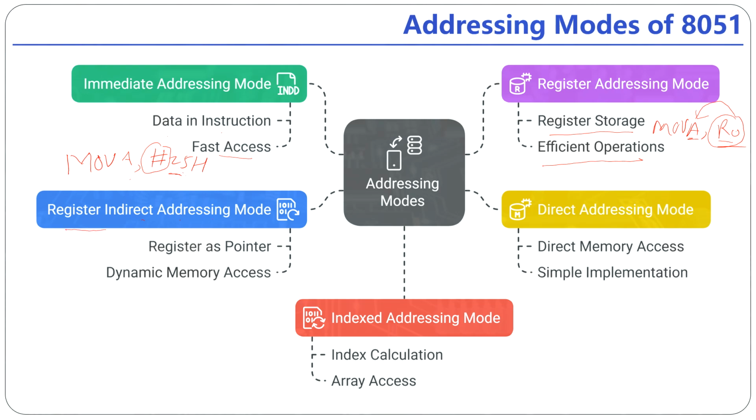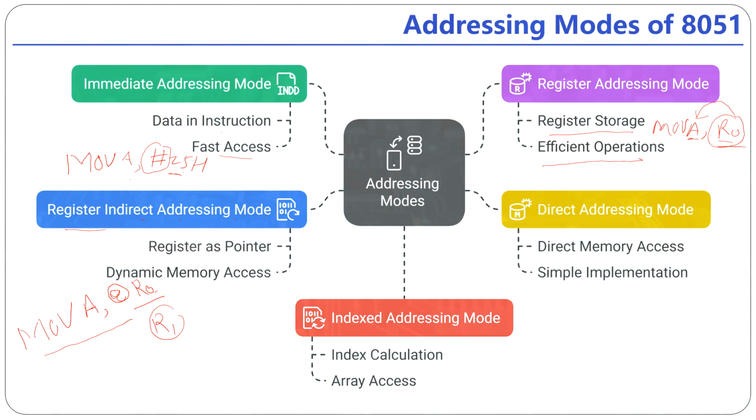Register indirect addressing mode. So we can take an example: MOV, that is the opcode, operation code, then A, the accumulator register, and for indirect addressing mode we represent this with the at sign, @, and R0. We can use R0 or R1 here, either of the two registers. That is the thing about the indirect addressing mode, right?